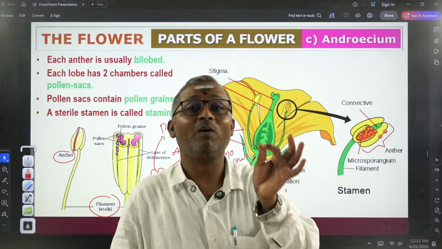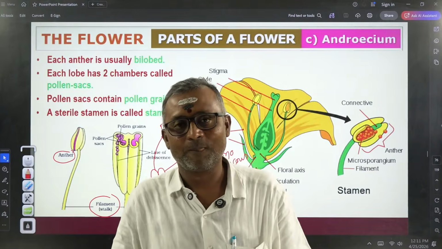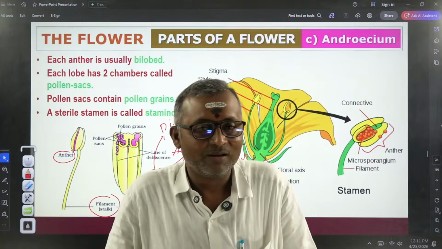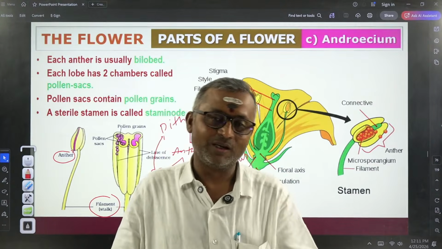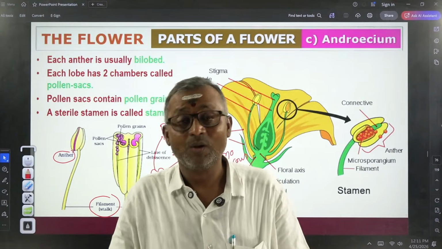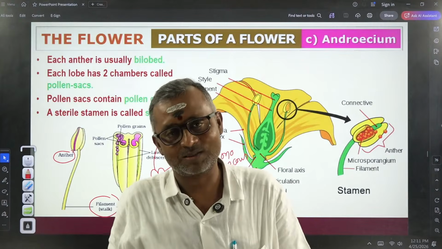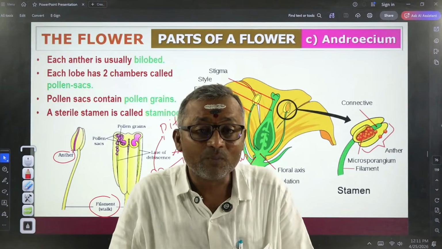It is a false understanding. Dithecous anthers can be seen both in dicots and monocots. Monothecous anthers are also present in some dicots and some monocots. Got it? Is it clear for all of you?